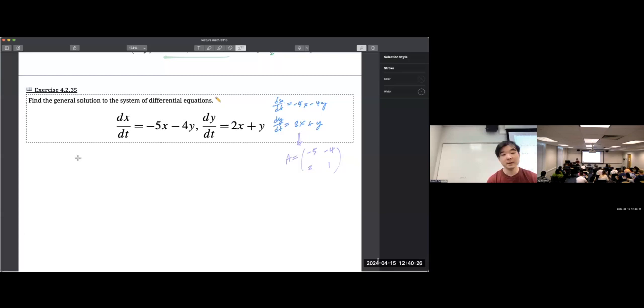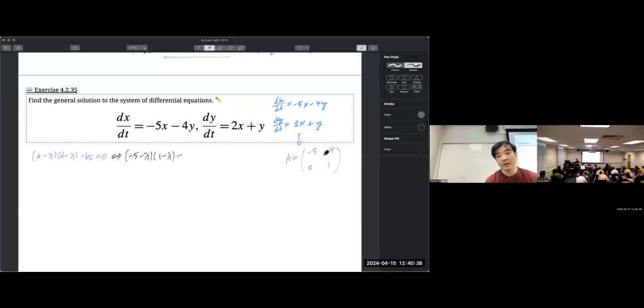Times d is 1 minus lambda times minus bc, which is going to be 2 times 4, but that's negative. So it's plus 8 is equal to 0.